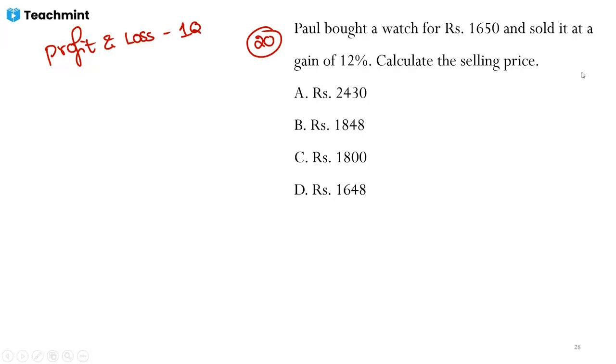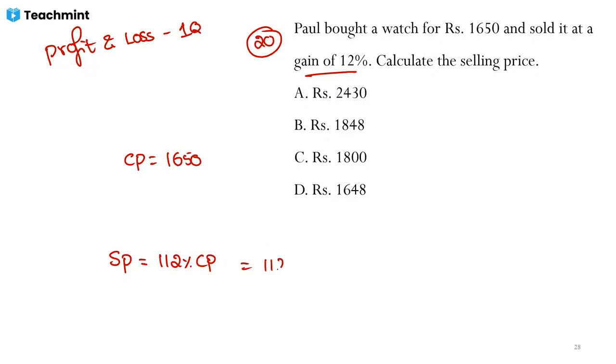Now see, Paul bought a watch for rupees 1650. Cost price is 1650. You want the selling price. There are two ways to do it. As gain is 12%, we should write 112%. 100% means 1, both are equal. 12% gain means 12% extra should come.